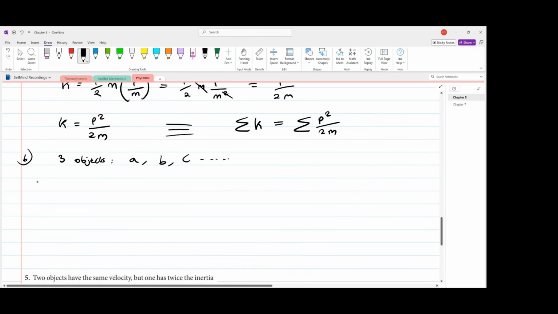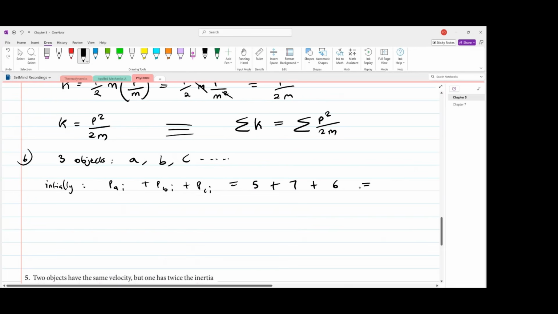But anyways, initially, what do we have? PAI plus PBI plus PCI, right? Let's give it numbers. Let's say PAI is 5, and then PBI is maybe 7, and then PCI is 6, right?